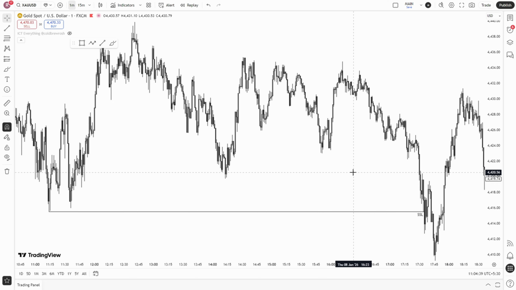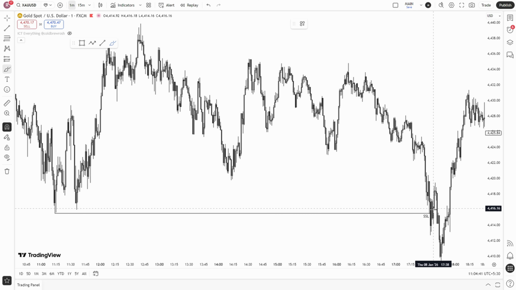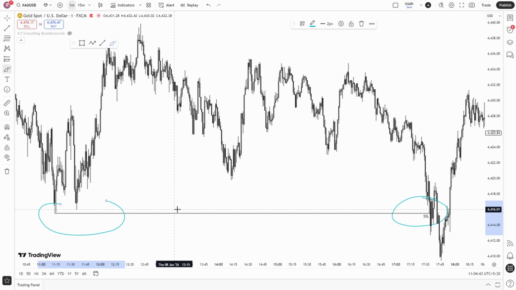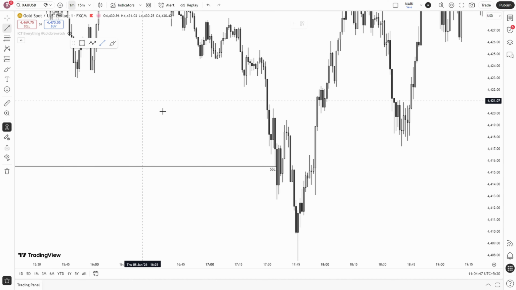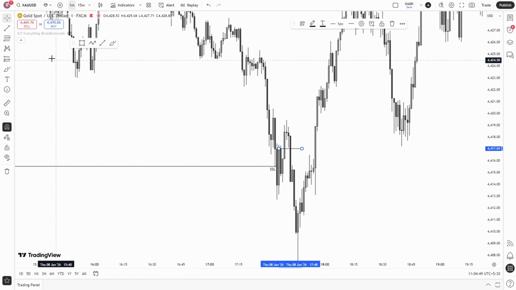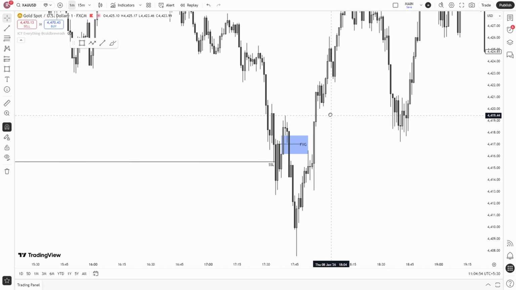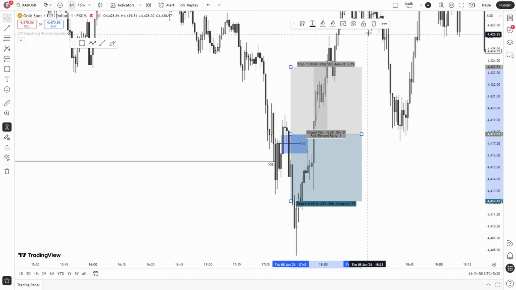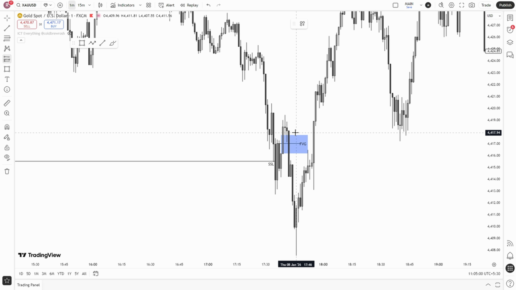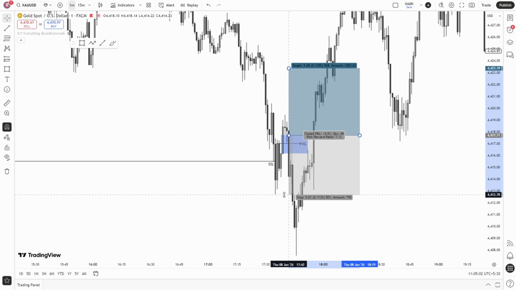Here you can see that as price swept sell-side liquidity, it instantly gave a change in state of delivery and also formed a fair value gap. Now, if I had entered immediately at that fair value gap or at the change in state of delivery, I would have gotten stopped out. So in this situation, I need to think 1 step ahead of myself. Instead of entering, I ask this question.